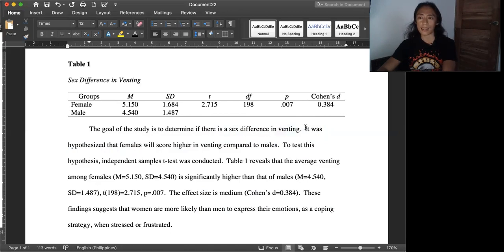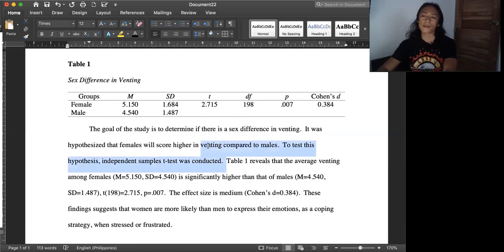We know that we're testing the null, but of course we should mention our alternative hypothesis. And then after that, I want to remind the reader what we did to test the hypothesis. So I said, to test this hypothesis, independent samples t-test was conducted. So it's also good to remind the reader what statistical analysis you used.